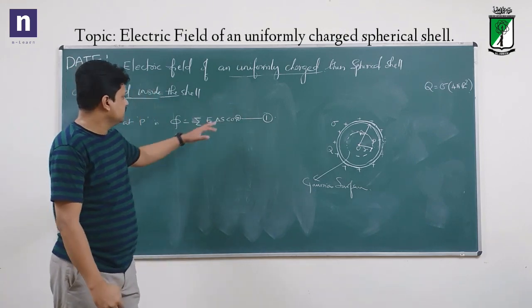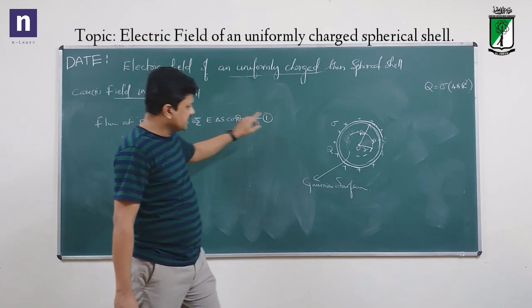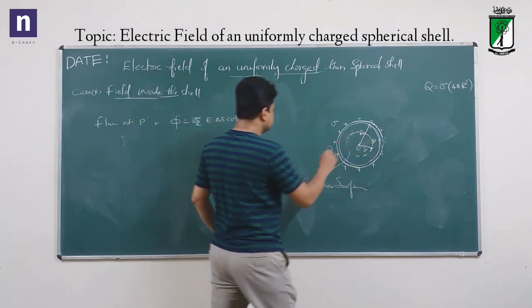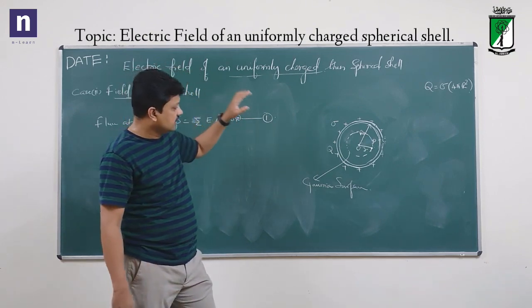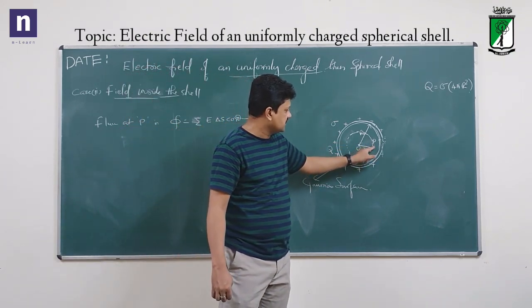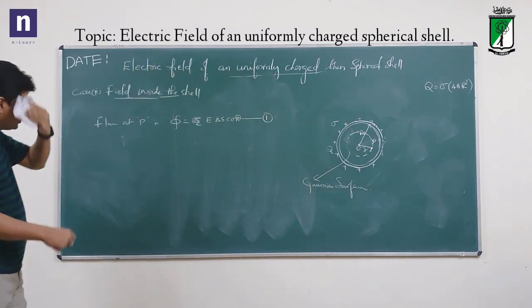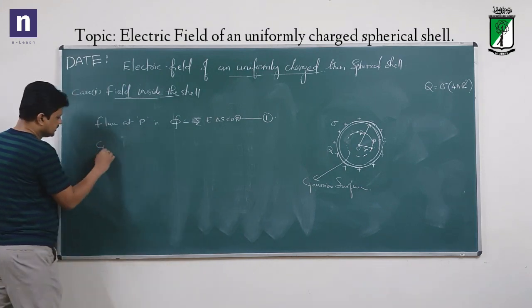Now you may be thinking, what is E, what is delta S, what is cos theta. Of course, delta S is a small area at point P where you want to find the electric field, and E is the electric field there. Cos theta is the angle between the electric field and the normal to that small surface delta S at that point, by definition. Don't worry more about this part. So let us just check the Gauss law now.